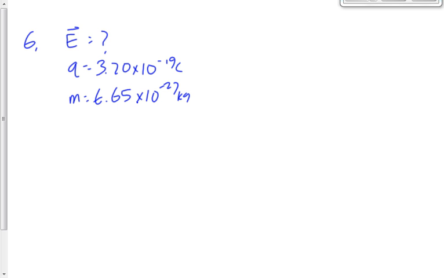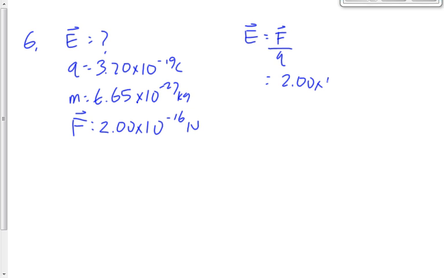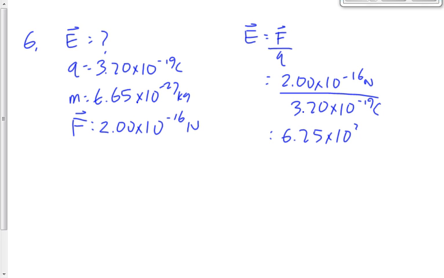And we know that the force experienced is 2.00. What's the field experienced by the alpha particle? It's 2.00 times 10 to the 16 newtons divided by 3.20, which gives 6.25.